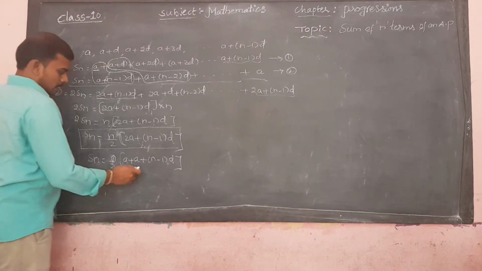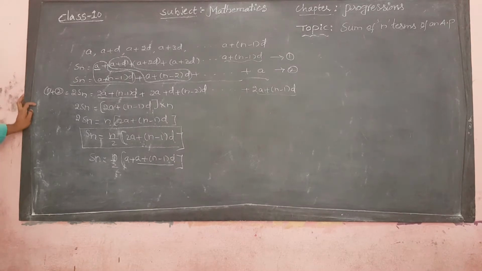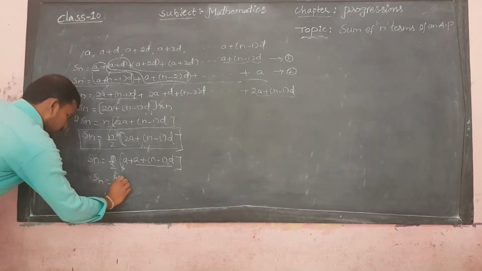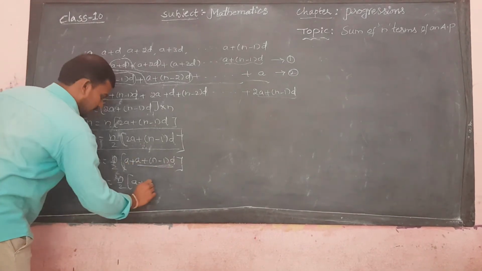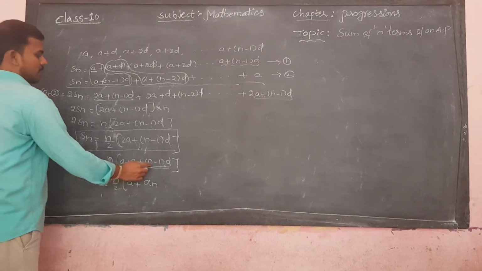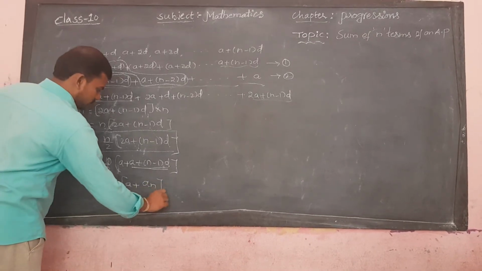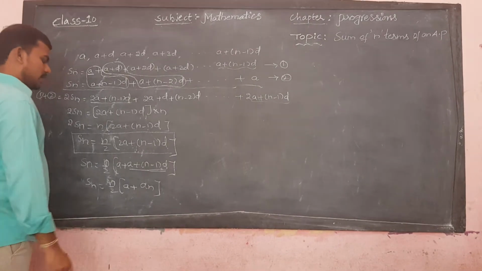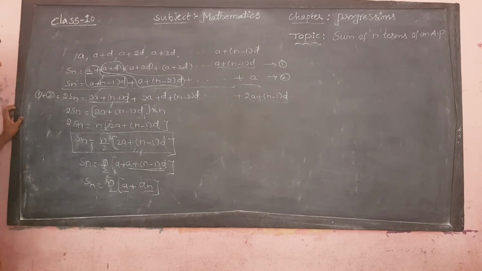Observe that a plus (n minus 1) into d is the nth term of an AP, so in its place we can write an. Here a means the first term and an means the nth term or last term.